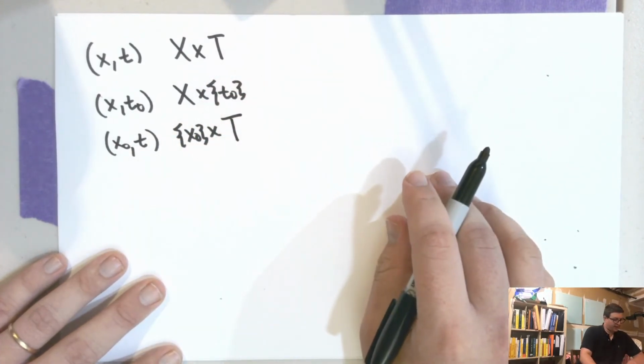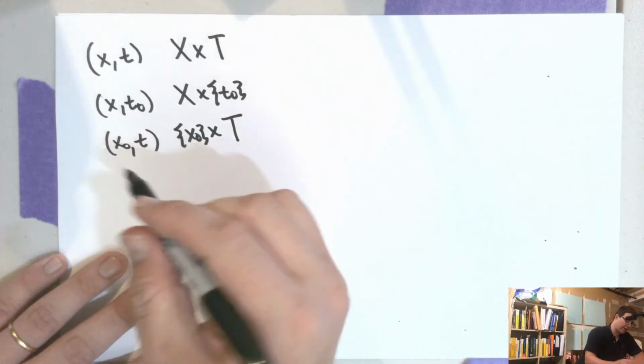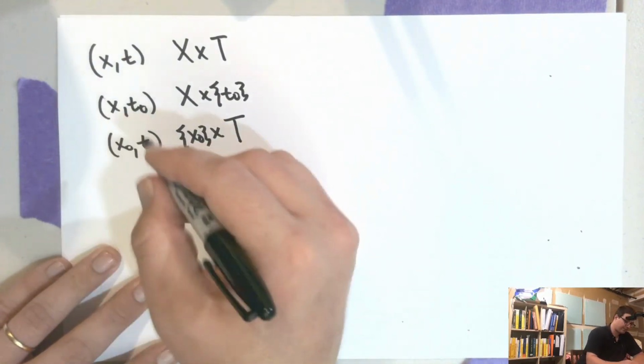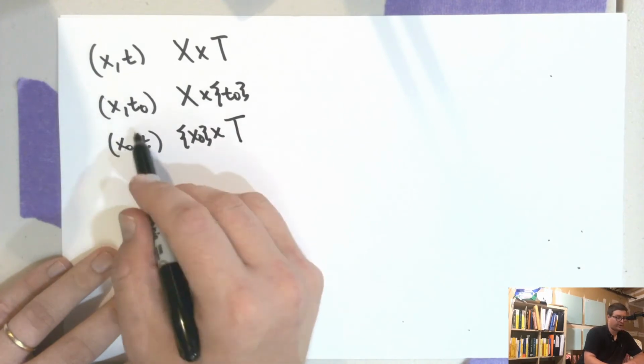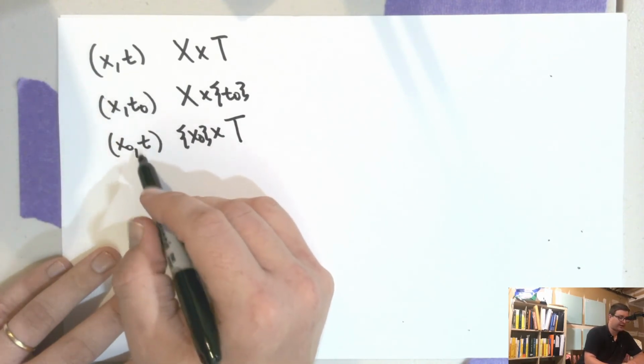And then I suppose the wedge should be a subset. So what are the two points that are identified here? That makes sense.